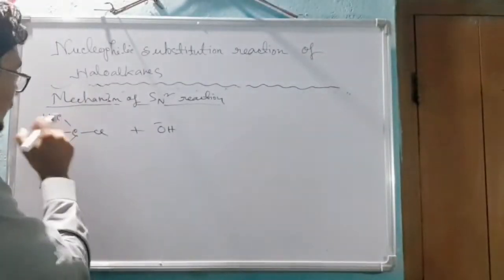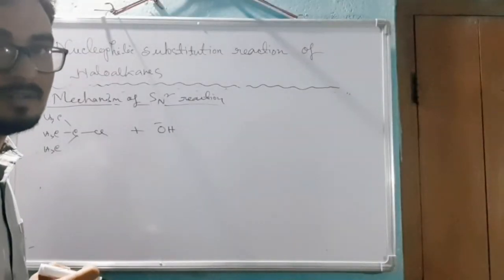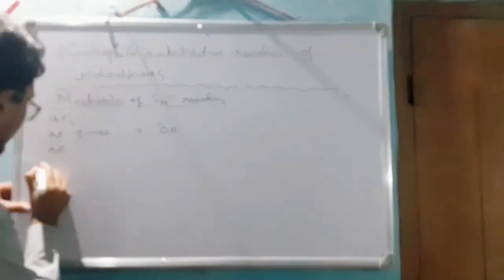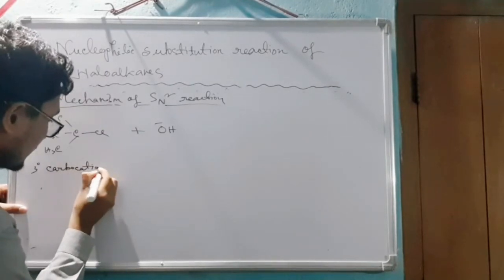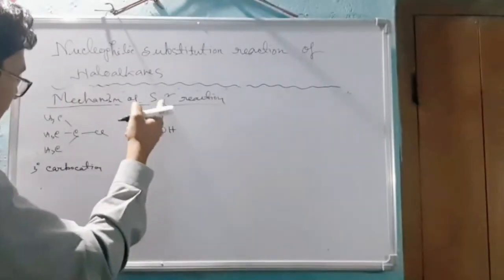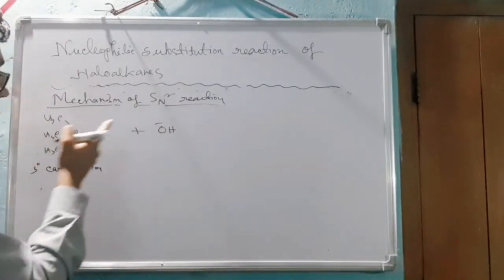But why? Because on the sides of this carbon there are three bulkier groups. So the nucleophile OH negative will have great difficulty entering from this side, because it is a 3-degree carbocation.